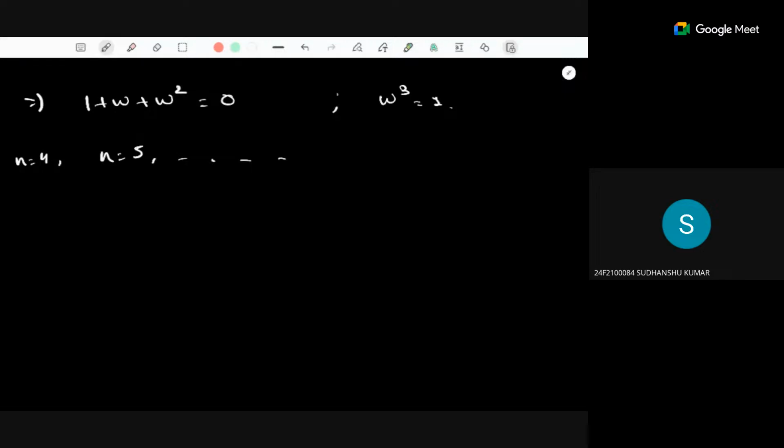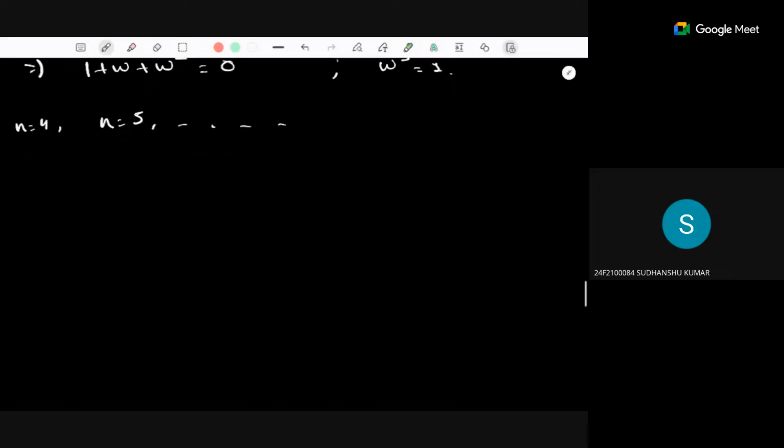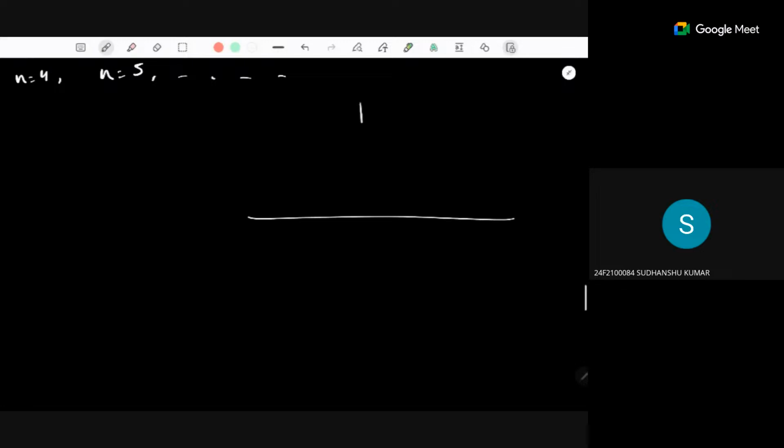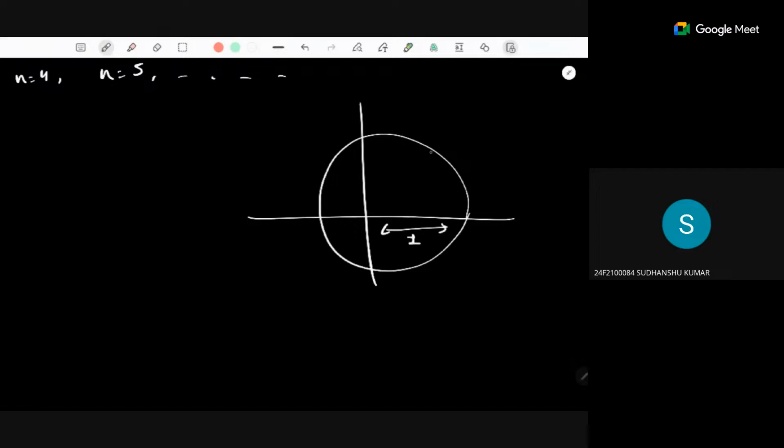For that, we will use the fact that we can write a complex number in the e to the power iota theta form. Okay. So we know that if you have a unit circle, suppose this distance is 1, then for any point, we can write the coordinate of this point as cos theta comma sin theta, right?